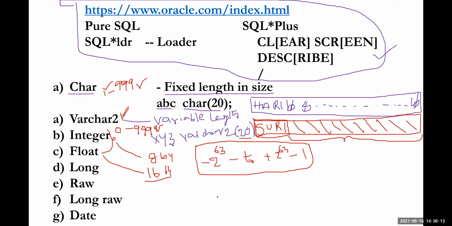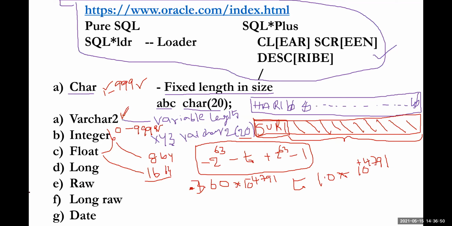And for the float, the range is about 3.60 into 10 power 4791 on the negative side, and 1.0 into 10 power 4791 on the positive side. Actually the minus is there for the negative power and the positive is there for the positive.